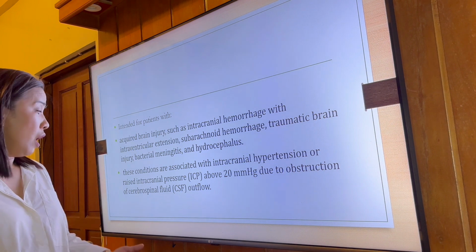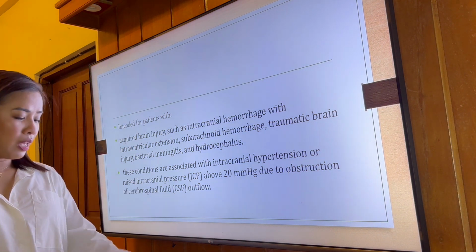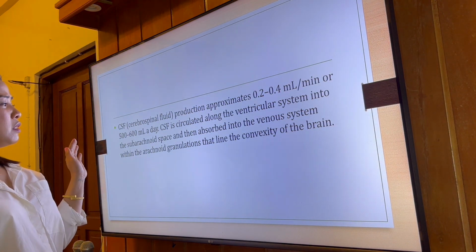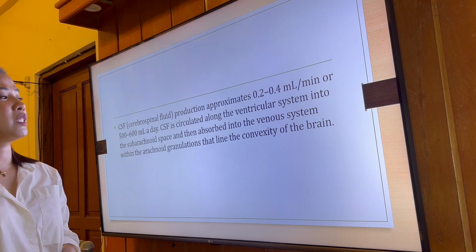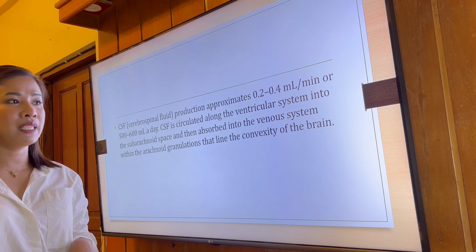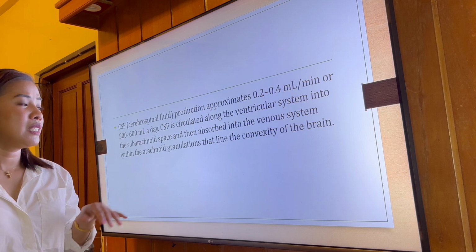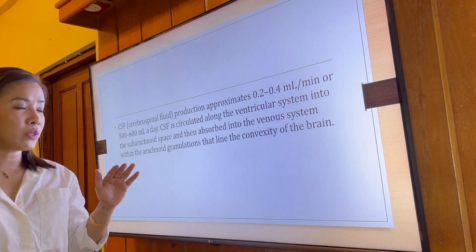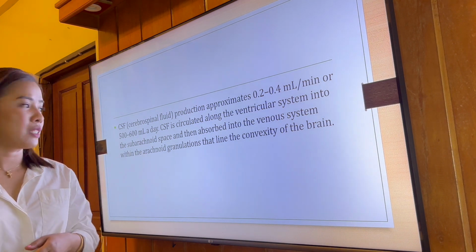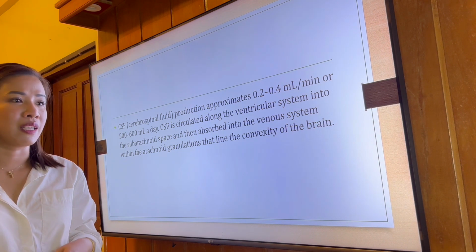outflow. So what is the normal cerebrospinal fluid, or CSF? Cerebrospinal fluid production is approximately 0.2 to 0.4 milliliter per minute, or 500 to 600 milliliters a day. CSF is circulated along the ventricular system into the subarachnoid space and then absorbed in the venous system within the arachnoid granulations that line the convexity of the brain.